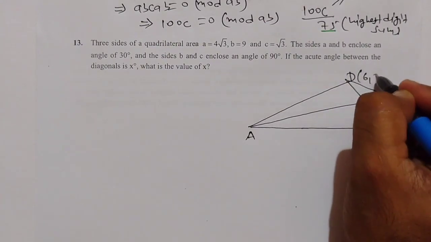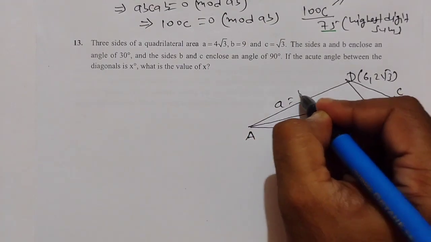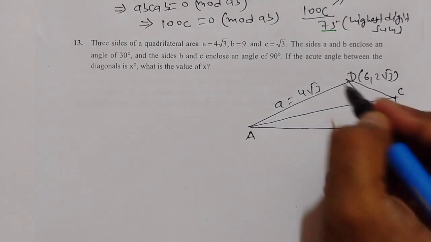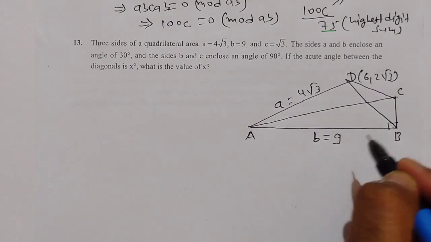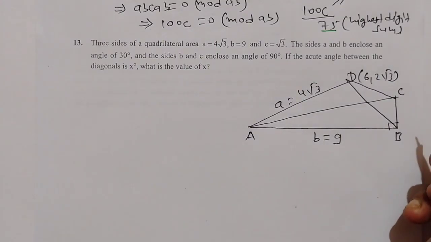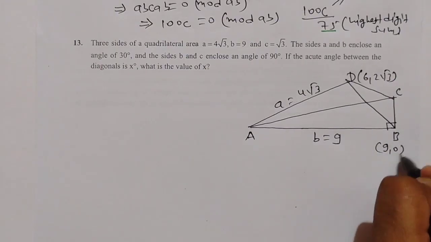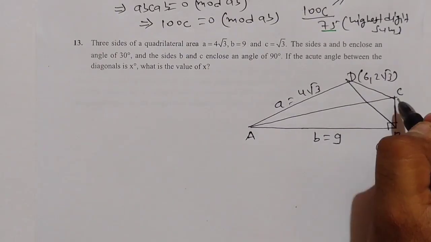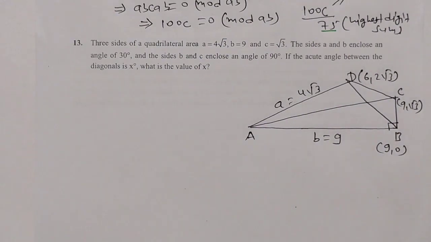This is A, 4 root 3, this is B is equal to 9, and the point B has the coordinates 9, 0, and this is C, 9 and root 3.